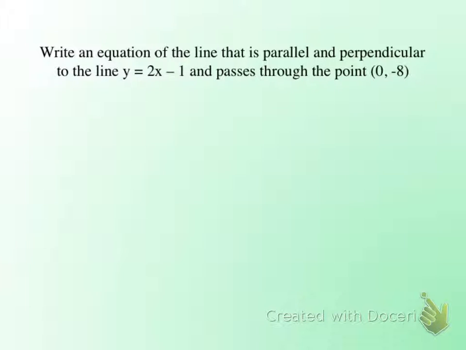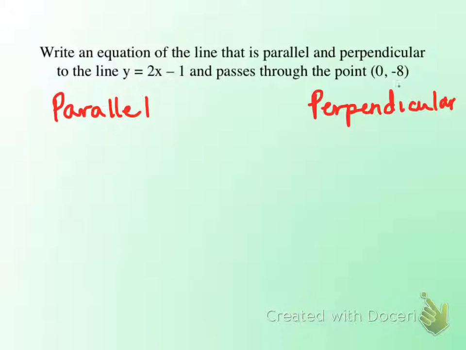So we're going to write an equation of the line that is parallel and perpendicular to the line y equals 2x minus 1 and passes through the point 0, negative 8. So we'll start with our original. I'll do two columns here. I'll do the parallel and I'll do the perpendicular. Okay, for the new parallel line, the slope is 2 and the y-intercept is given by the point.